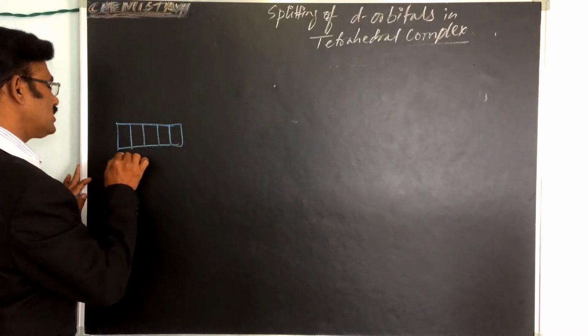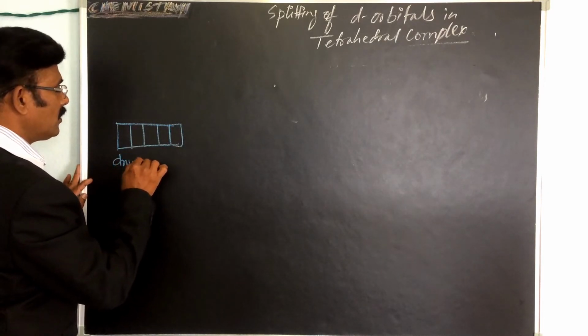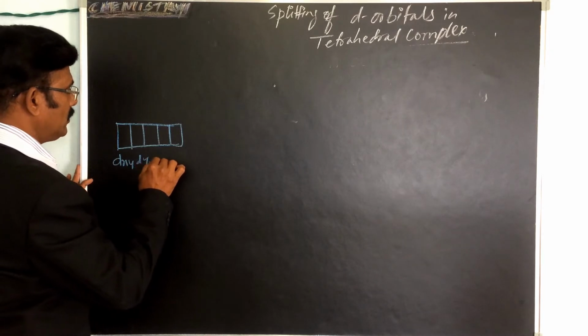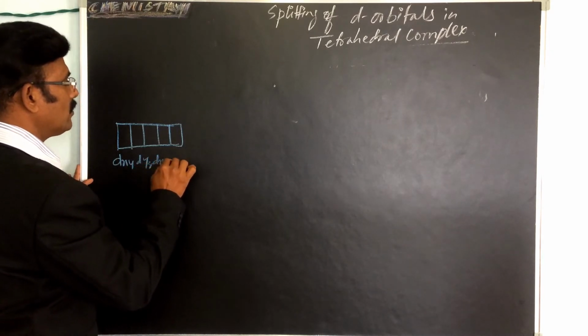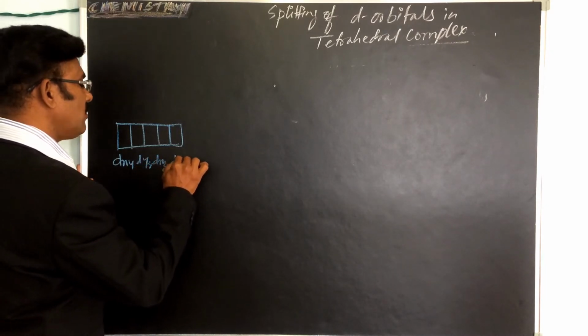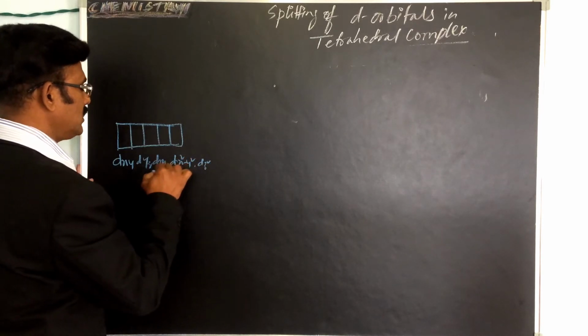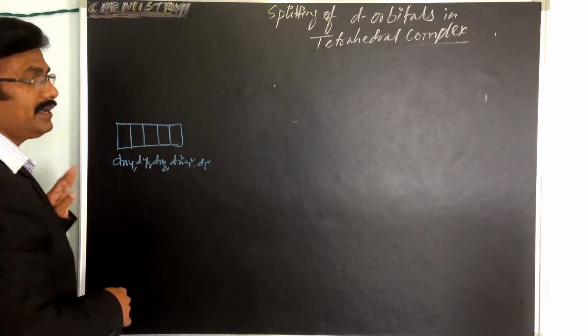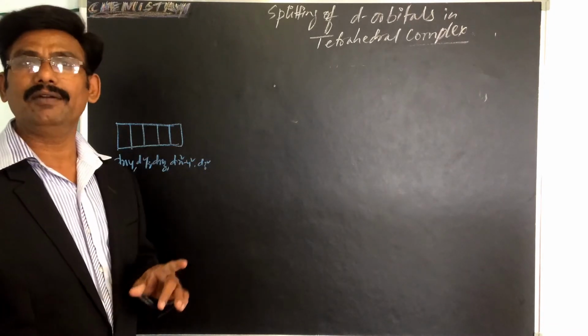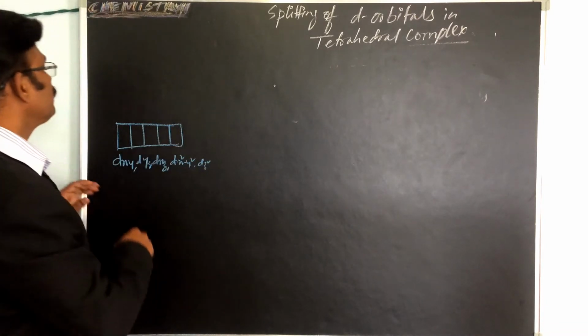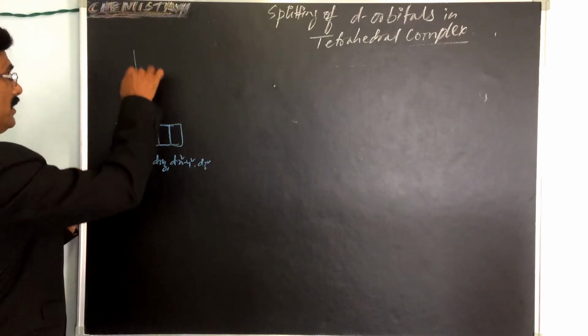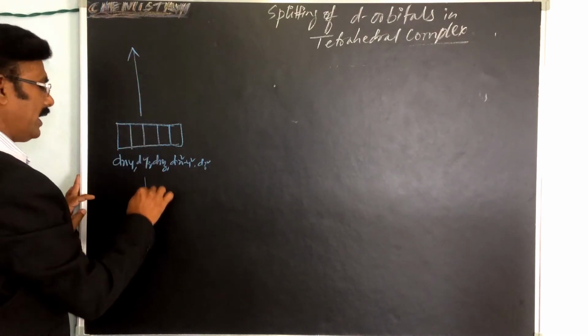That is dxy, dyz, dxz, dx square minus y square and dz square. These are the five degenerate orbitals. So this is the energy level diagram.